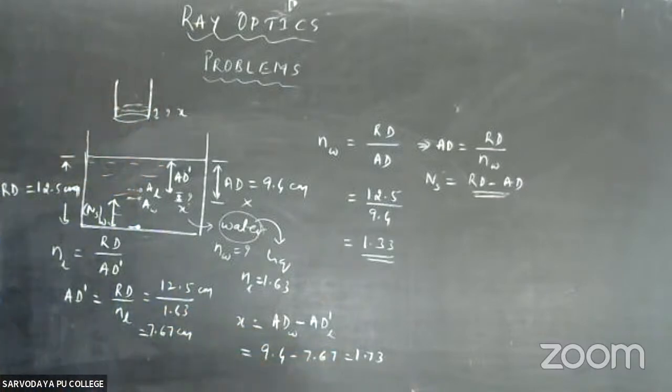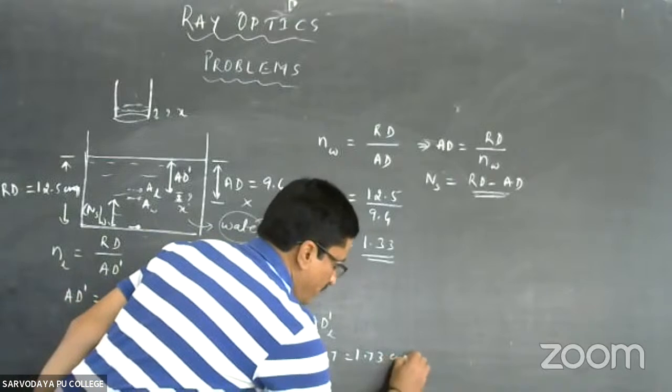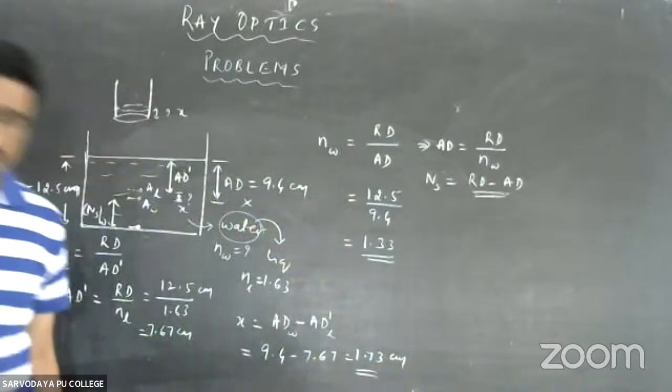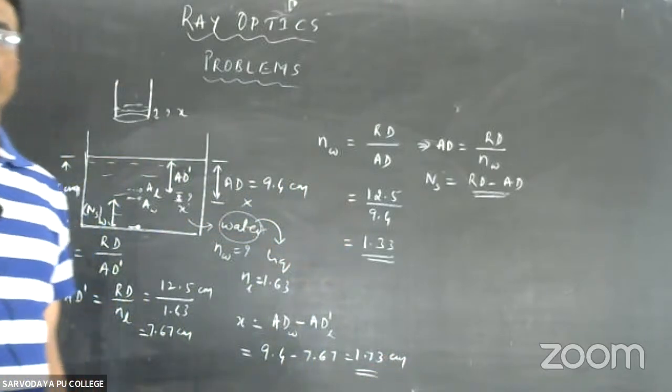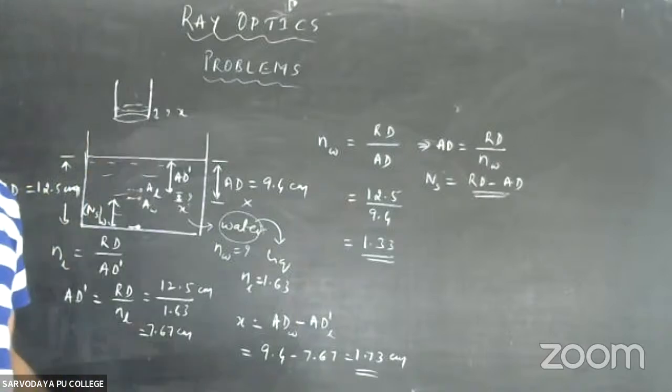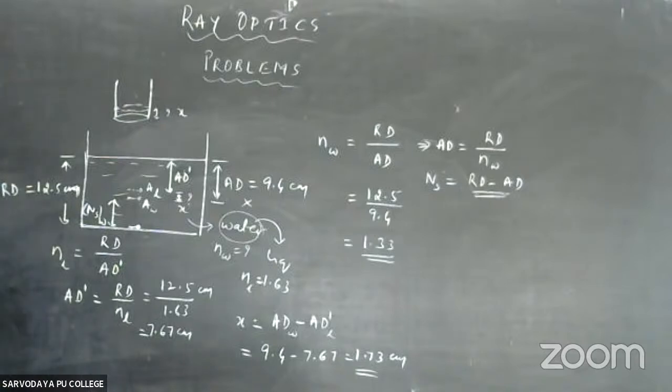Yes, 1.73 centimeter is the additional shift that has to be there in the microscope. Okay, this is basically the solution of the problem.